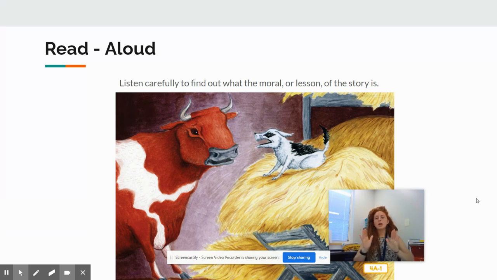Mine are working. And you are going to listen very, very carefully for these 3 words. And when you hear one of these words, you're going to raise your hand, okay? So we've got the word budge, we've got the word oxen, and we've got the word plow. And if you hear one of those words, you better raise your hand so that I know you're paying attention. Here we go.